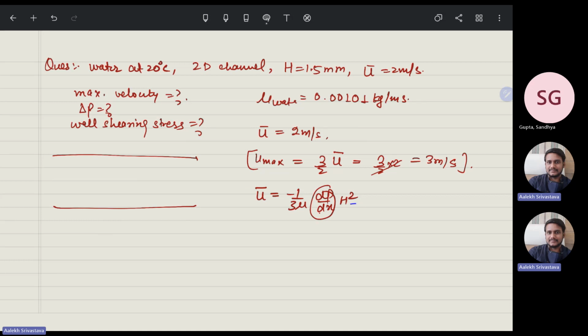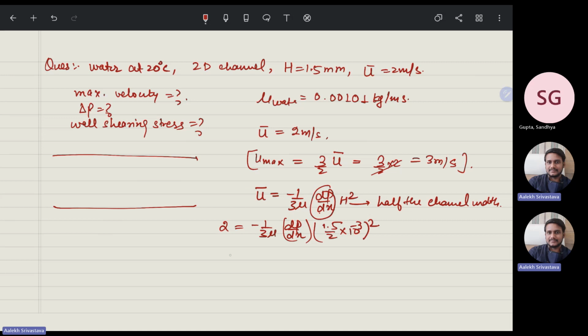Here h is half the channel width. So if you put u bar is given 2 is equal to minus 1 by 3 mu dp by dx, this is the pressure gradient we need to find, into h square. So it is 1.5 divided by 2 into 10 raised to the power minus 3 whole square.